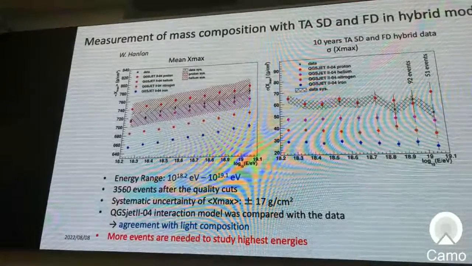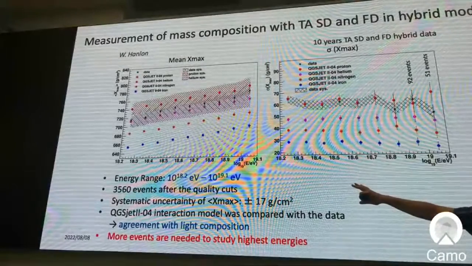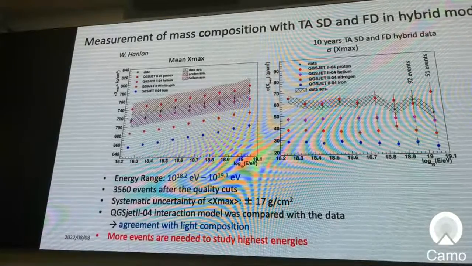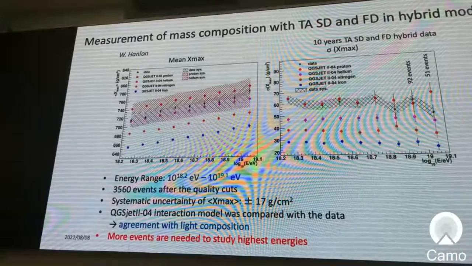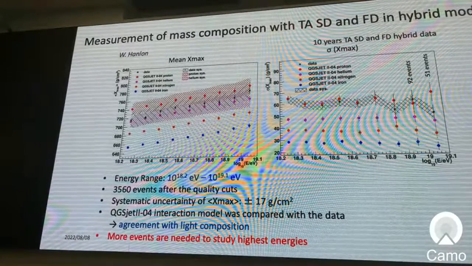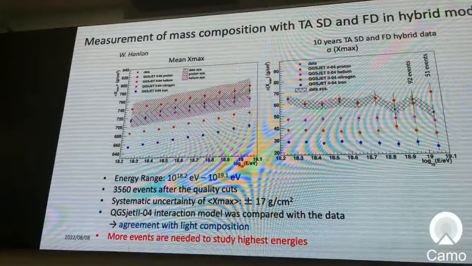This is studied still in the limited energy range between 10 to the 18.2 electron volt and 10 to the 19.1 electron volt. So if we want to extend to higher energy, we think more statistics are needed.